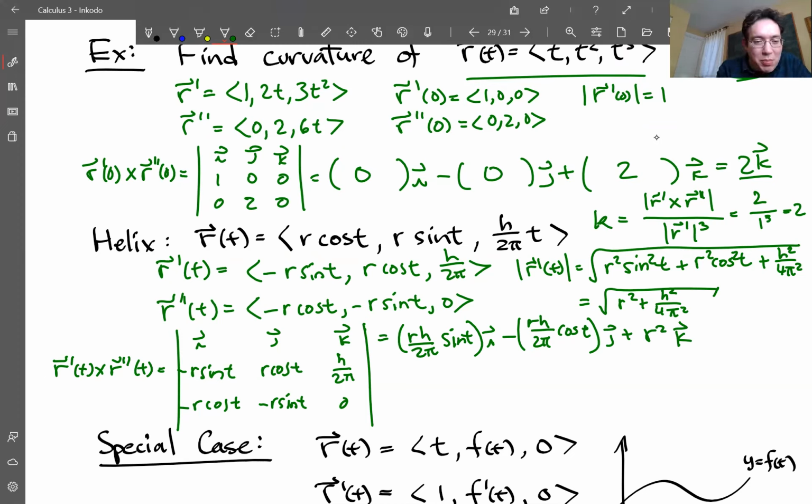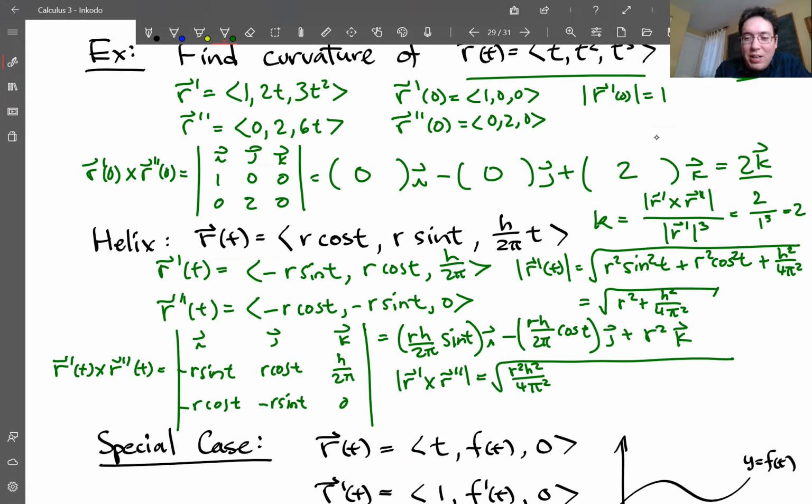Okay, so now we want to compute the magnitude of this guy. So it's the square root of this thing squared plus this thing squared. Okay, and I'm just gonna write down the answer now because sine squared and cosine squared, that's what we get, right?